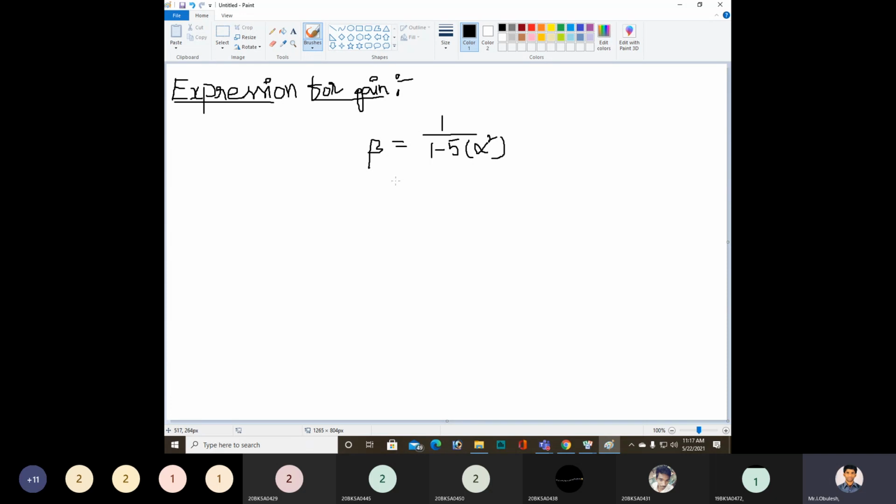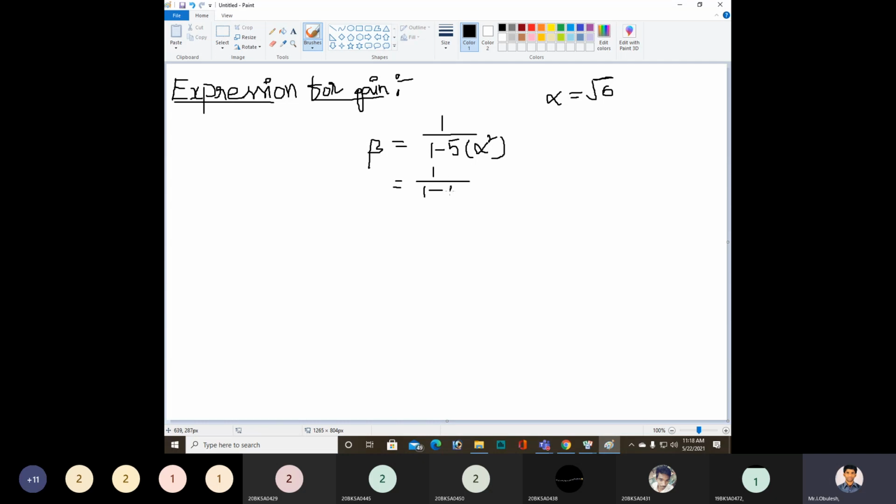Where alpha is equal to root 6. Substitute that alpha value, then you will get the beta.